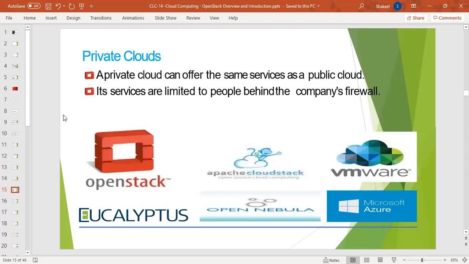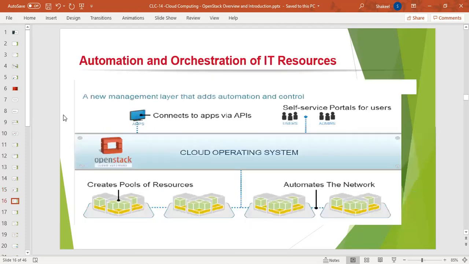And private clouds: a private cloud can offer the same services as a public cloud, but its services are limited to people behind the company's firewall. Private cloud providers are OpenStack, Eucalyptus, Apache CloudStack, OpenNebula, VMware, and Microsoft Azure.